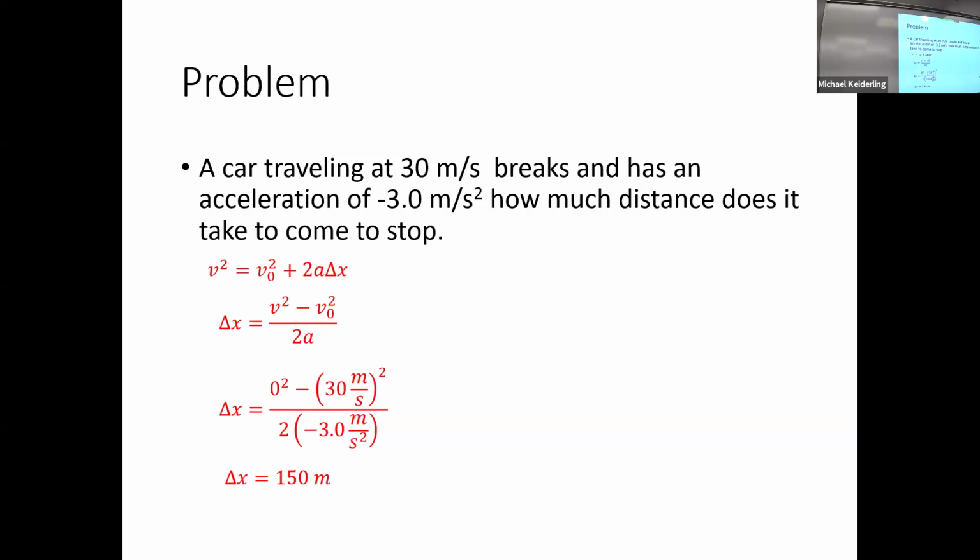Our final velocity is 0, our initial velocity is 30 meters per second, and our acceleration is minus 3 meters per second squared. So 30 squared is 900 divided by 2 times minus 3. Negative 900 over negative 6 gives us 150 meters.